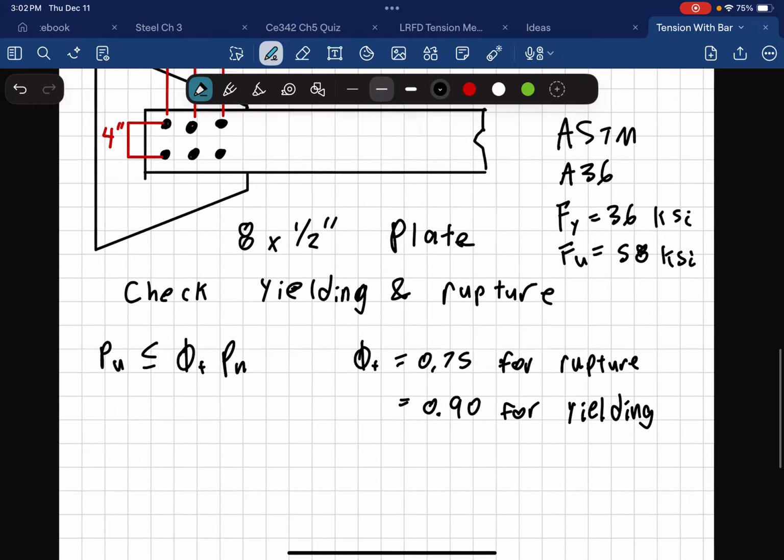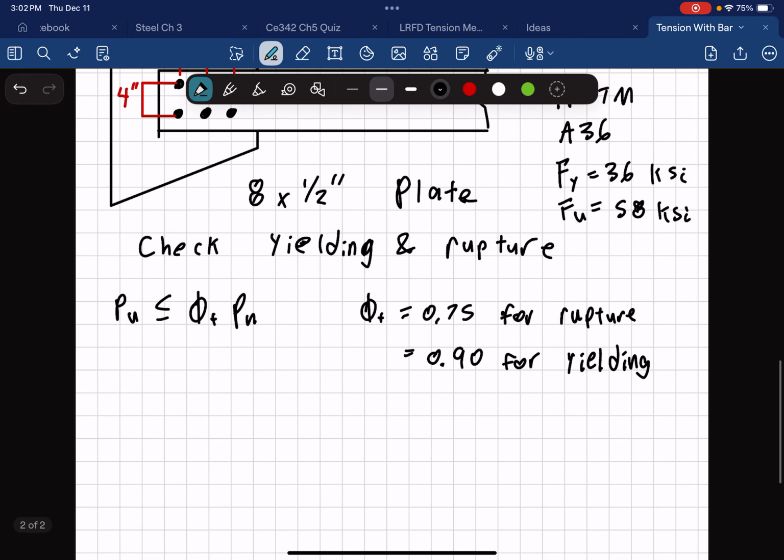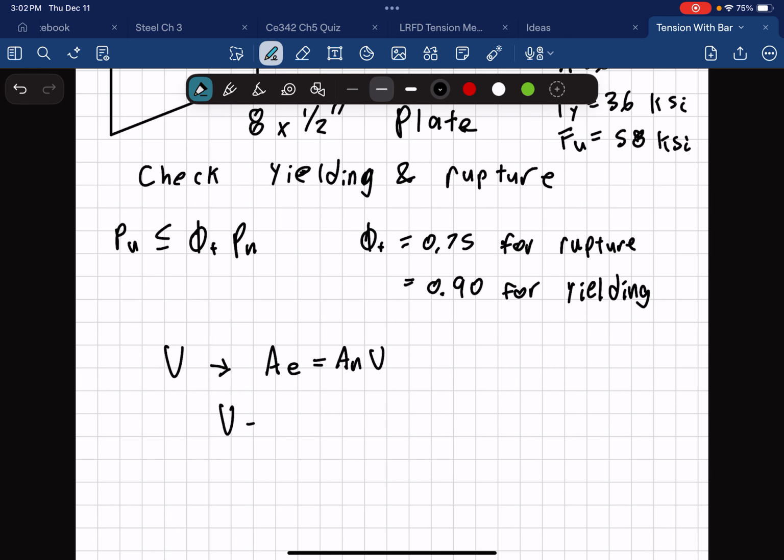And the other important thing that we have to look at in these types of problems is, do we have a shear lag factor? That shear lag factor is U, and we use U in the equation Ae, which is effective area, equals An, which is our net area, times U. Now in this problem, U is going to be equal to 1.0, and if you're curious why, you can go to AISC Table D3.1, and it's going to be case 1 in that table.